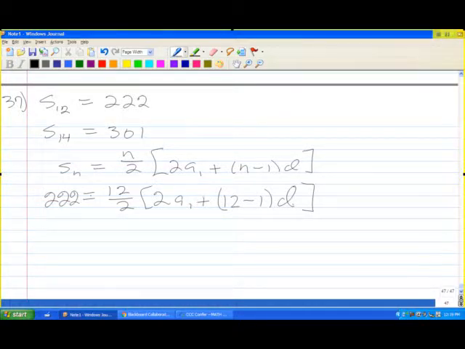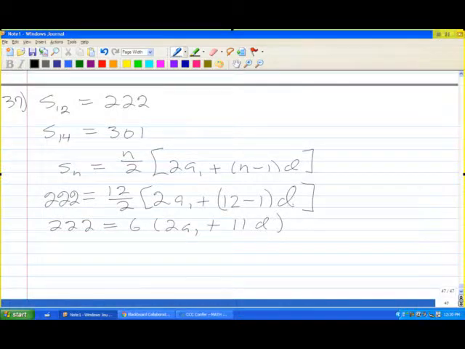Okay, so that'll give me my first equation. Let's simplify this. 12 divided by 2 is 6, times 2a1 plus, well, 12 minus 1 is 11d.